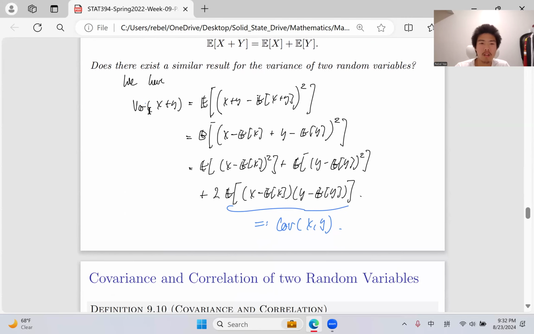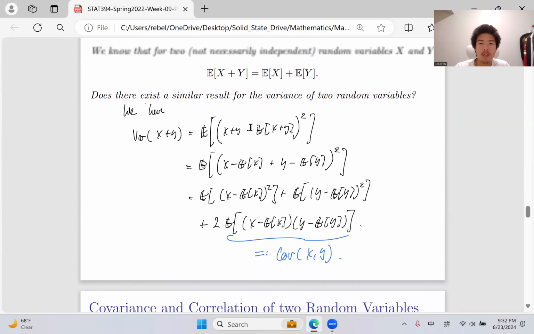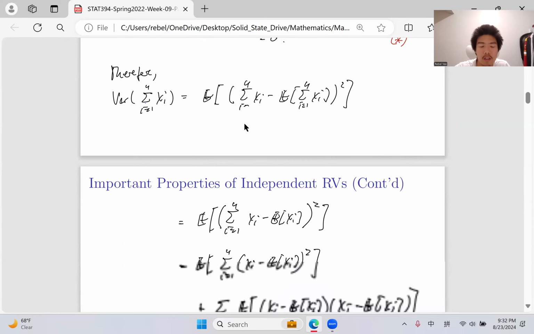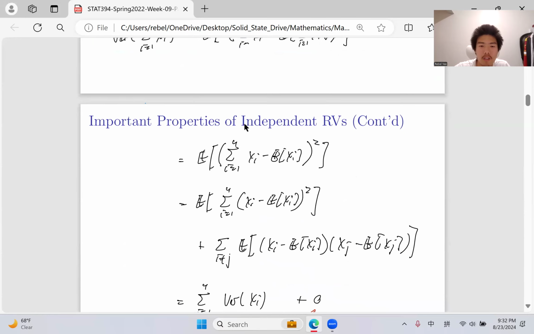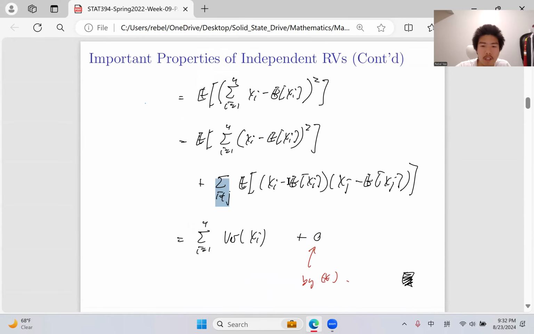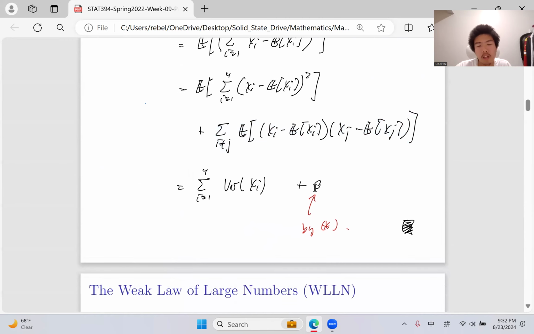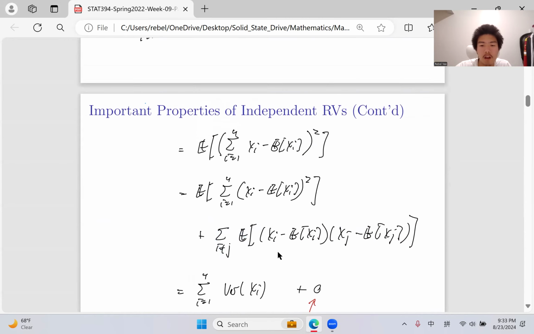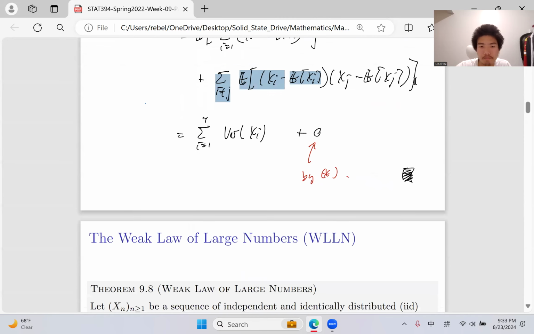Variance is different, as we can see from the beginning. The variance of the sum is equal to the sum of the variances plus this term. And if they are not independent, this term might not be 0. It can be a number.